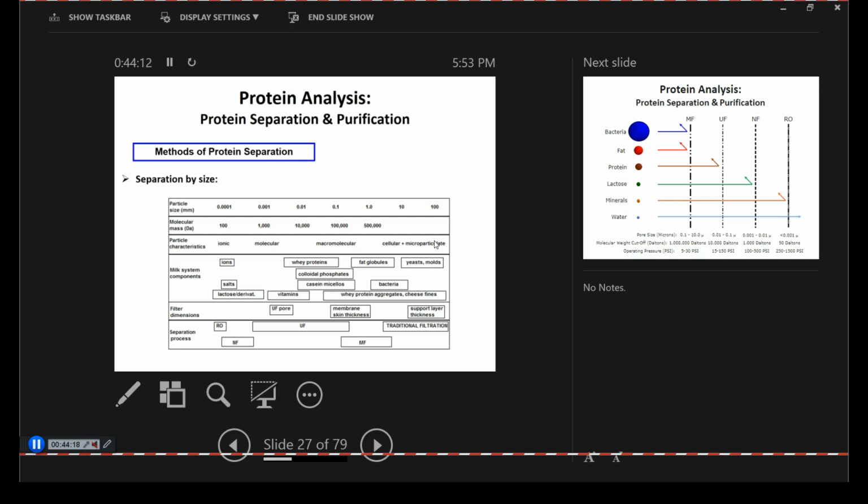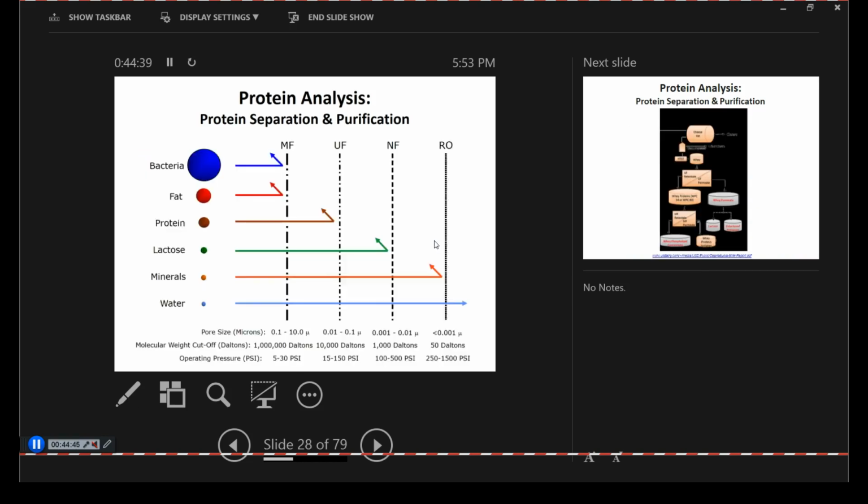And then ultrafiltration ranges between 1,000 Dalton to 10,000 Dalton, and above that, 100,000 Dalton and greater, would be microfiltration. So this is a chart that shows the size of components you are passing through based on the pore size of the membrane.